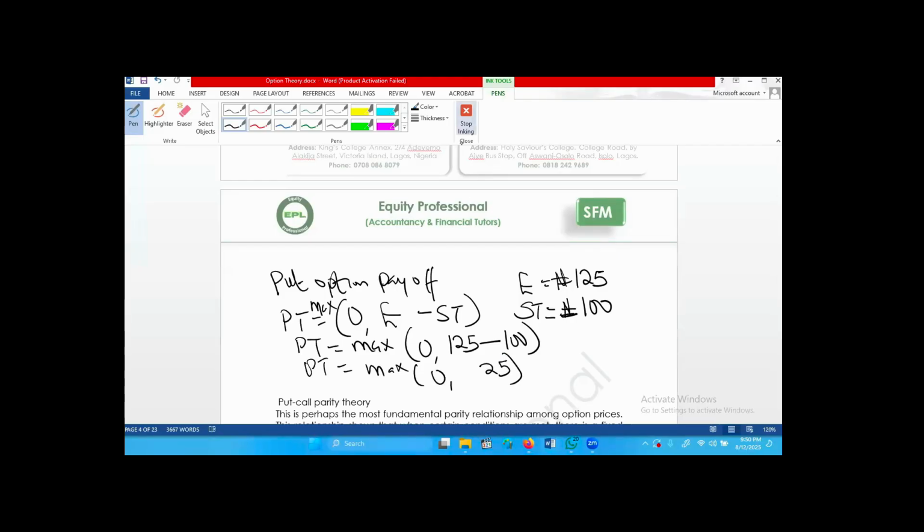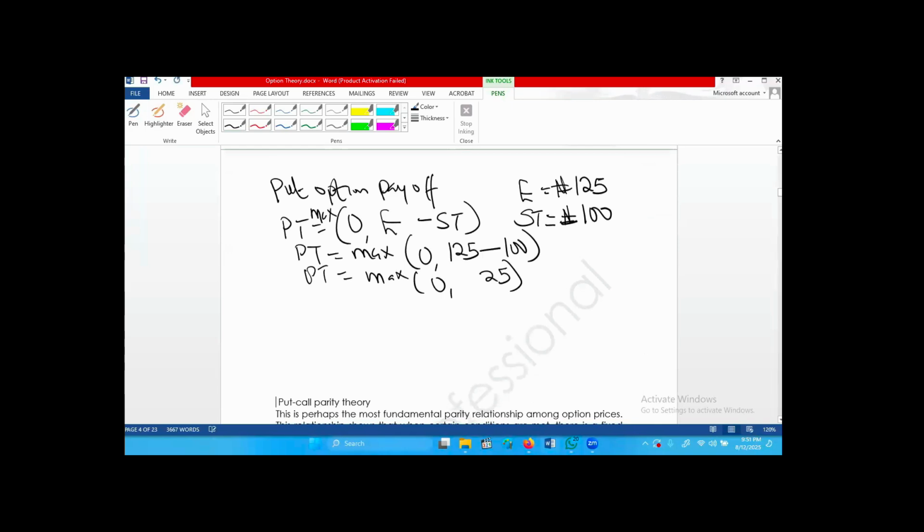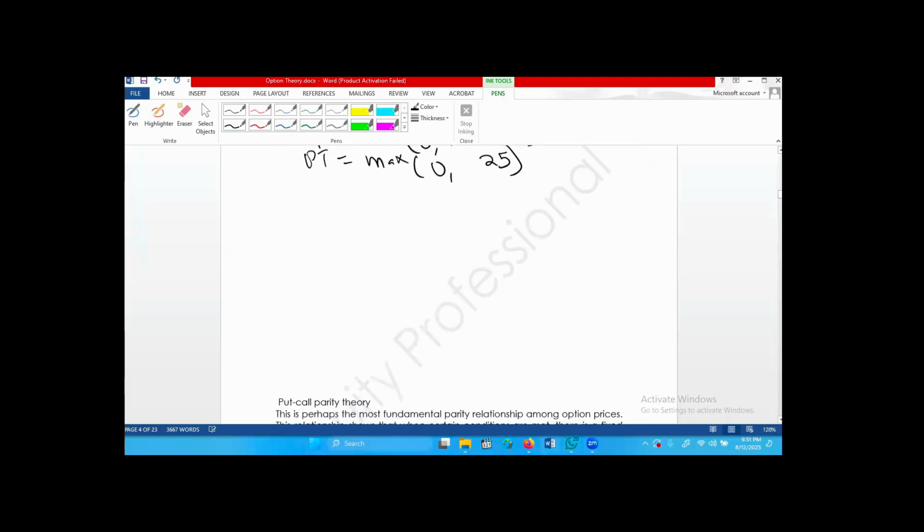In this case, it is profitable to exercise my right to sell. If I exercise my right, I'm going to sell at 125 naira what's currently worth 100 naira.